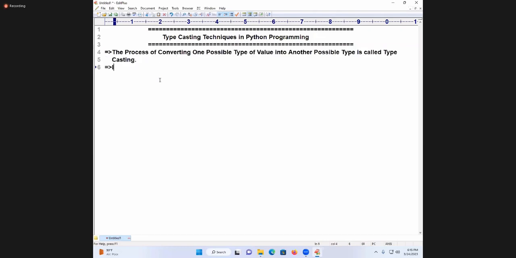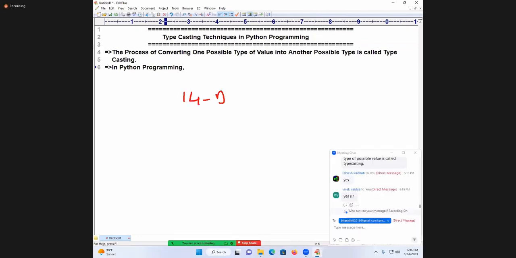So in Python programming, basically we have 14 typecasting techniques, almost, since there are 14 data types. Except the last one, if you say minus, 13 typecasting techniques. But at present, how many data types do we know?